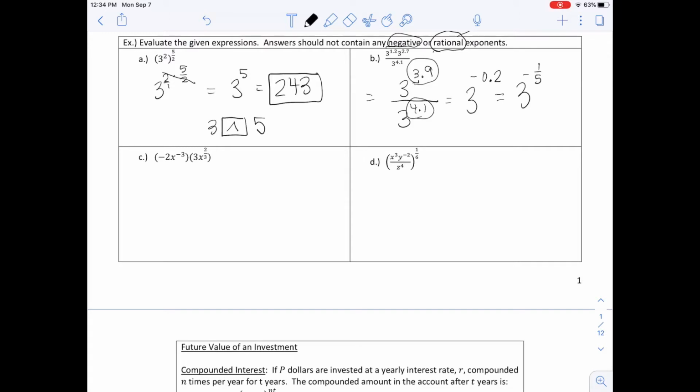And we said no negative exponents and also no rational exponents. So I'm going to go ahead and move this to the denominator and say this is 3 to the positive 1/5. And again, we cannot leave this with a rational exponent. And so we're going to keep it as 3 to the first, or just 3. And then that root is going to be the 5th root.